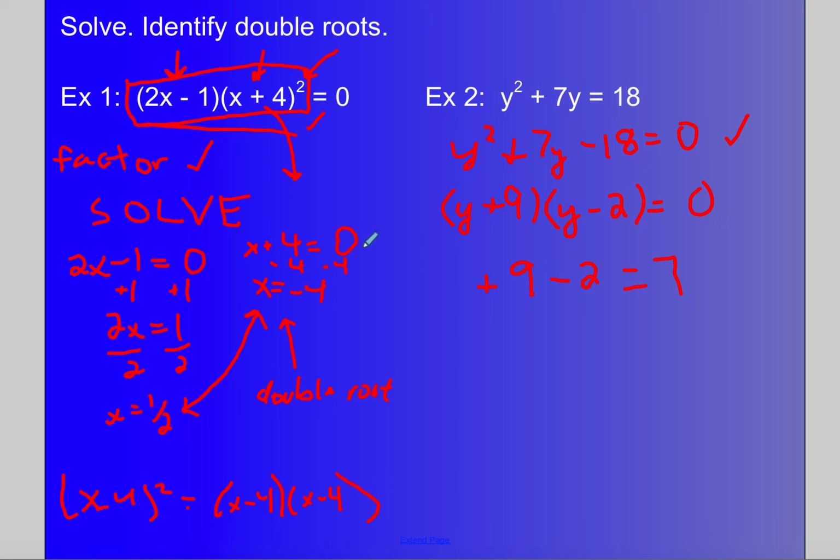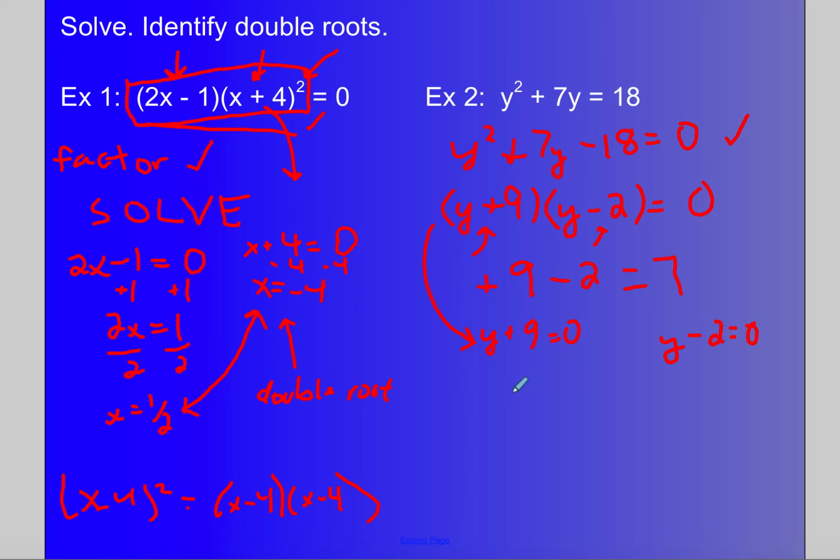And so now I need to solve. So what I need to do, remember, when I'm solving is I'm finding out what value of y would make this individual parentheses equal to 0 and this individual parentheses equal to 0. So I need to set each of what I have in the parentheses equal to 0 and solve both of them.